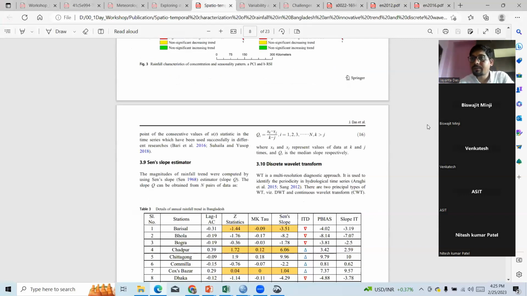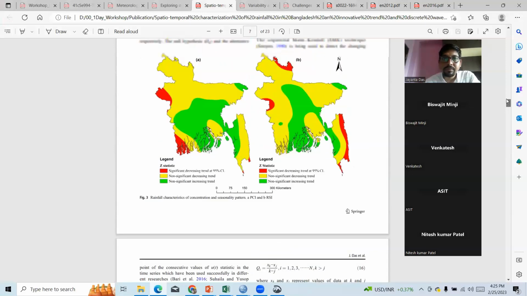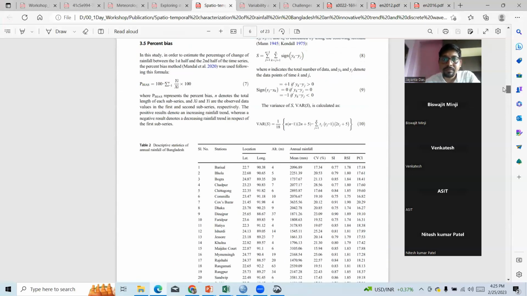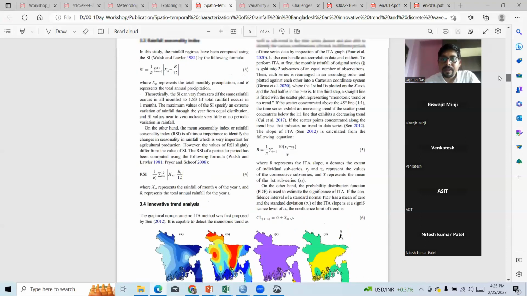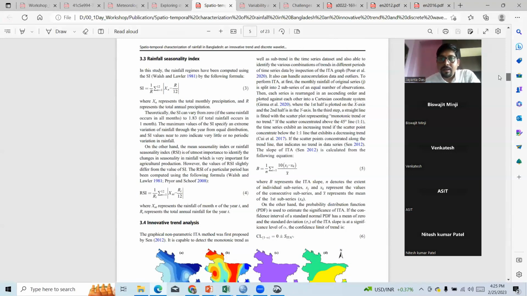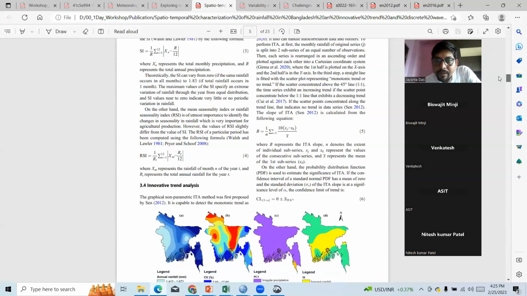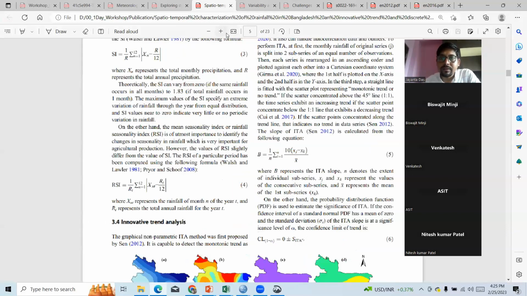Maybe here. See, I have used different methods. Right here, slope of ITA, following equation. Instead of 2, I have used 10.